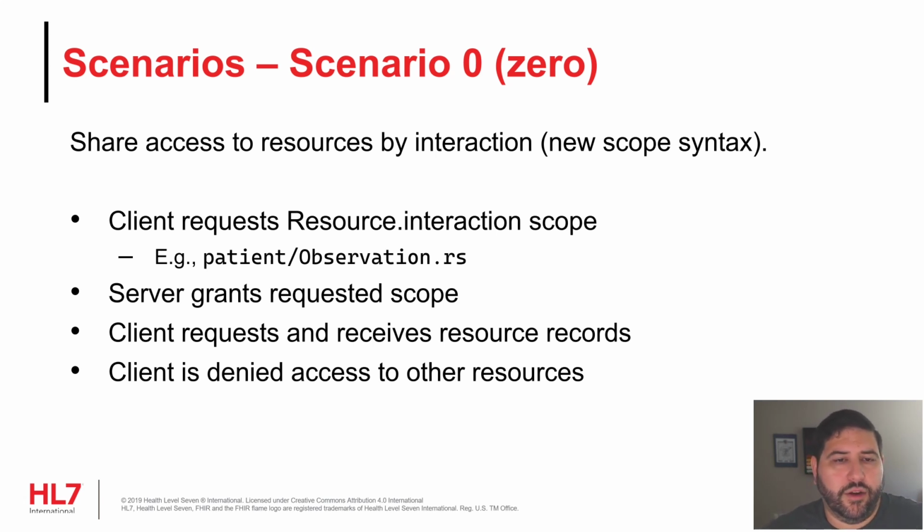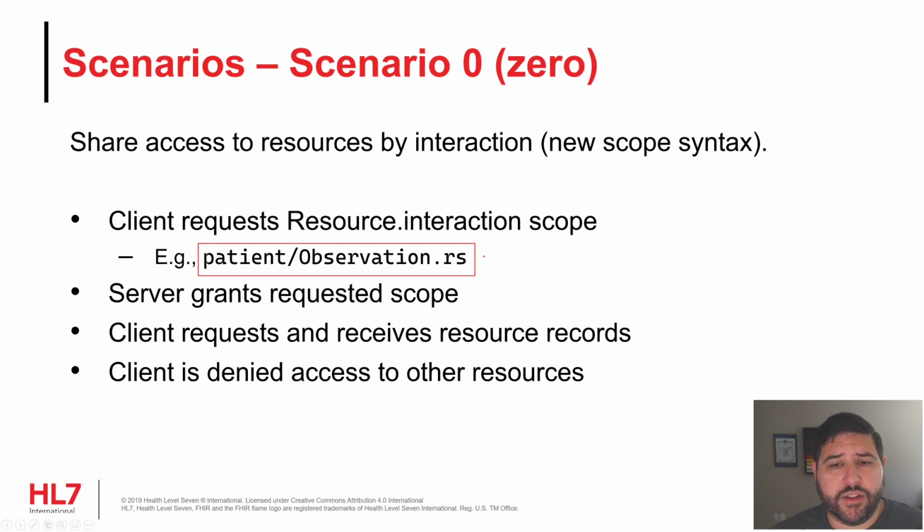So in this case, scenario 0 is the bar that you need to meet in order to come to the party. And that's saying you need to be able to support the interaction style scopes, so patient/observation.rs, read, search. This model of granting scopes is the first step in implementing all of these pieces.